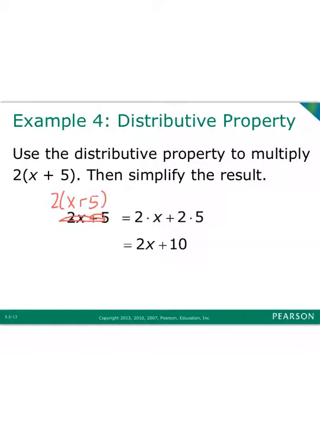And now when we do the distributive property, we see it's 2x plus 2 times 5, and now we will do the operations on each of the terms, and we get 2x plus 10.